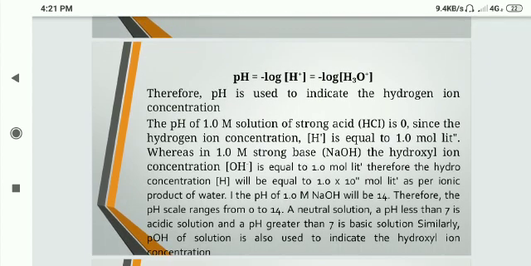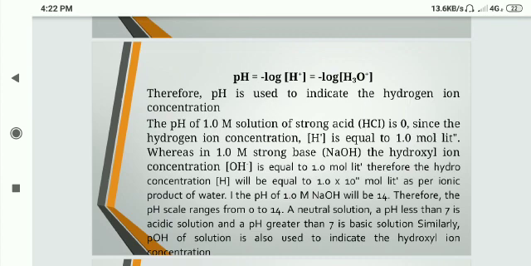The pH of 1 molar solution of strong acid is 0, since the hydrogen ion concentration is equal to 1 mole per liter, whereas for 1 molar strong base the hydroxyl ion concentration is equal to 1 mole per liter.